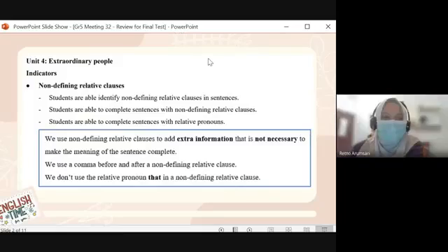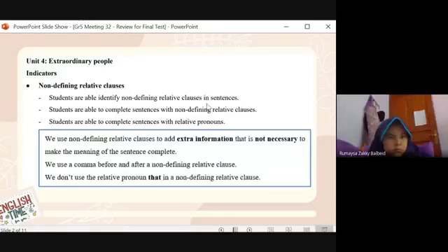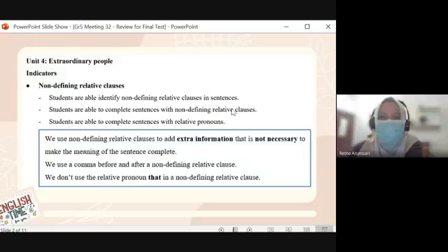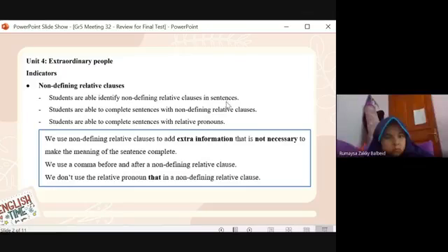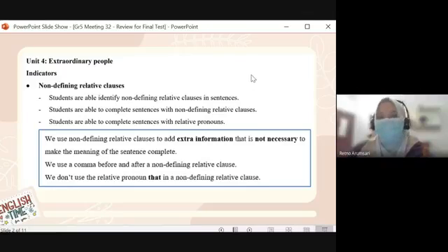All right. Now, Unit 4. Unit 4 is about non-defining relative clauses and reflexive pronouns. In the non-defining relative clauses, your job is to identify non-defining relative clauses in sentences. Which sentence has a non-defining relative clause in it? Which sentence doesn't have one?